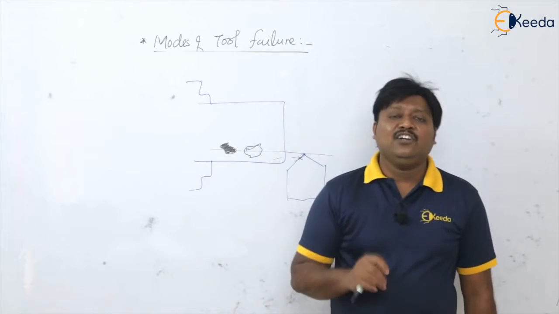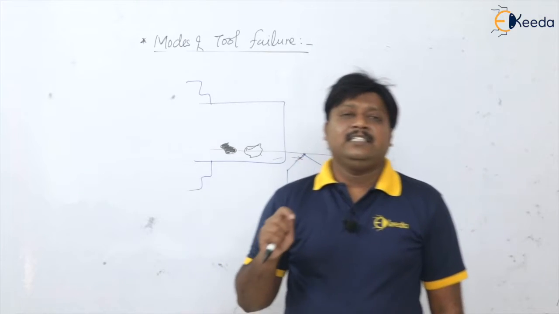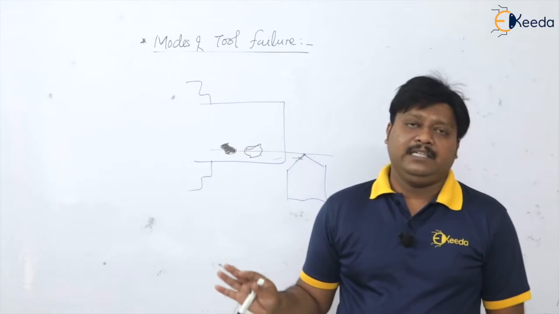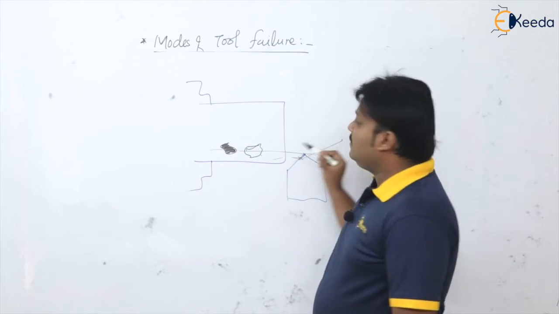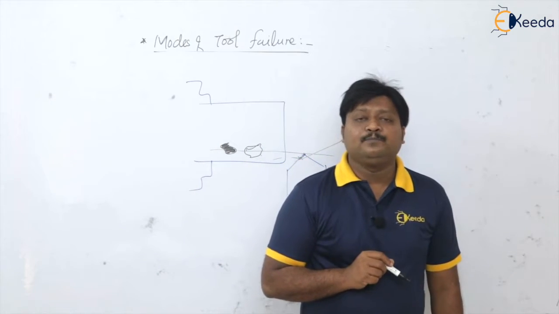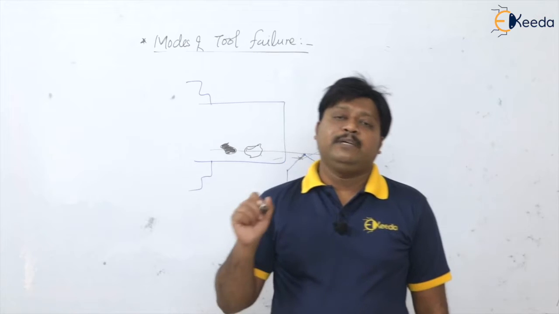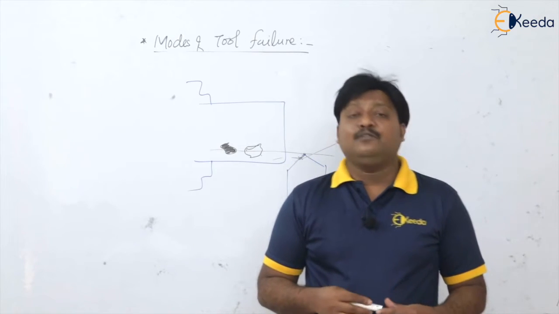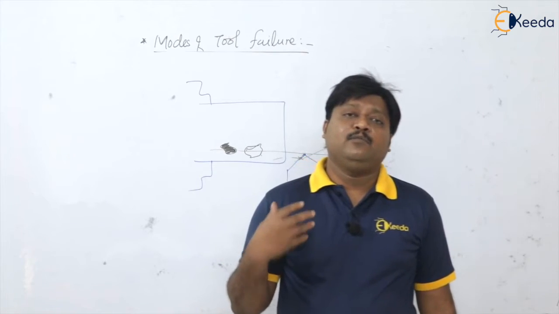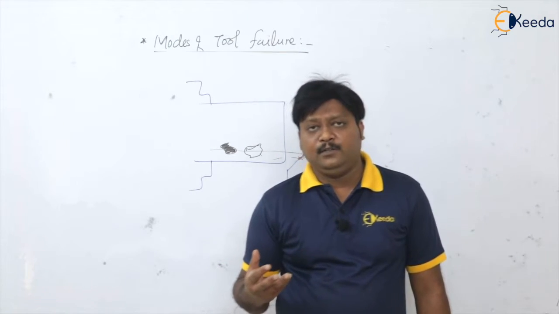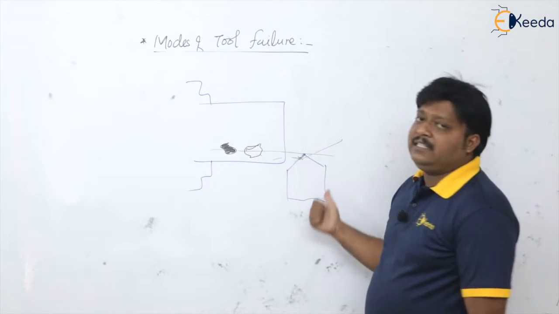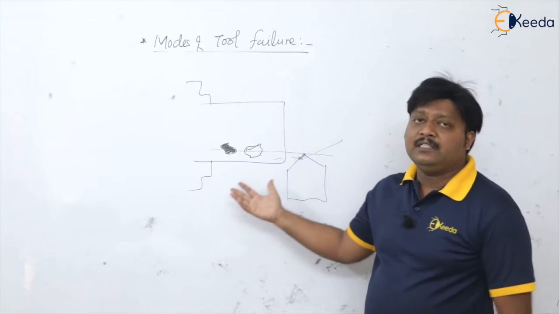So this kind of tool failure is due to mechanical breakage. The tool tip is cut away, broken away from the tool. And again, if you want to decide whether it is a normal failure or an abnormal failure, of course here there is no mistake by the tool, it is doing its operation.